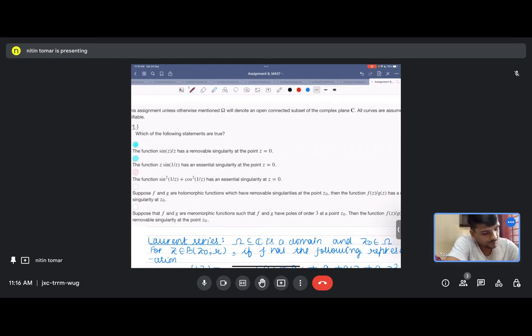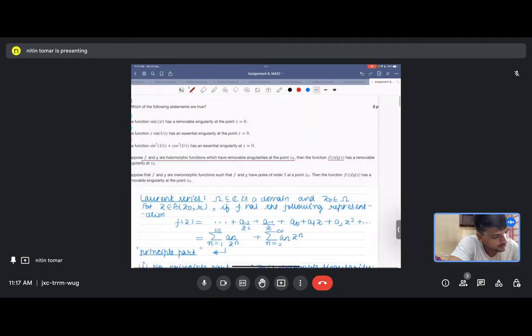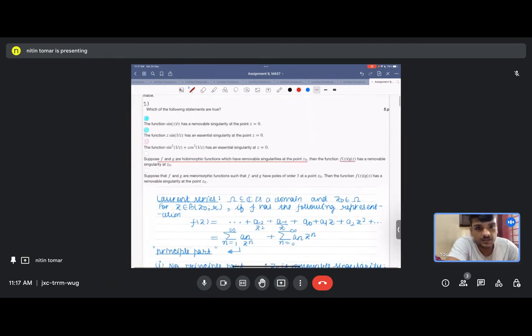Now, suppose f and g are holomorphic functions which have removable singularities at the point z naught. Then their quotient f(z) by g(z) has a which singularity? Sorry, I think this question is cut. Has a removable singularity. No, it's not cut. Yeah, it has a removable singularity.